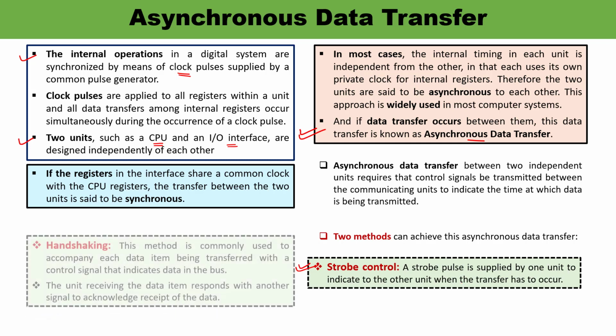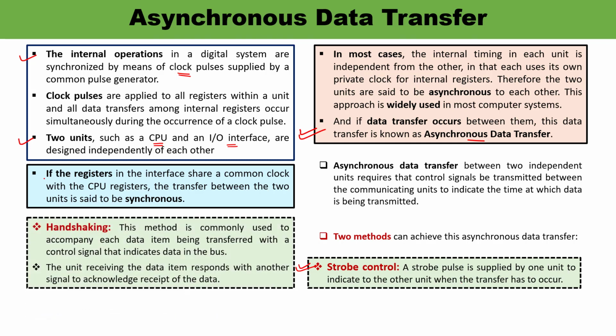And the second method is handshaking. From the term itself it is clear that if you are doing a handshake, there is the involvement of two persons. If one unit is transferring some information, the other unit is receiving, so the other unit will respond with a signal, an acknowledgement. So in the case of handshaking, there are two control signals. If I'm speaking, I'm asking, are you able to hear me?